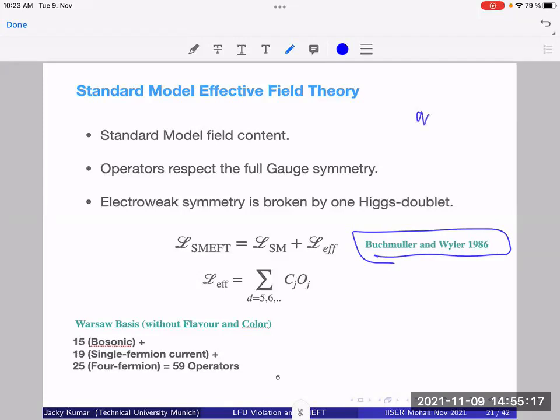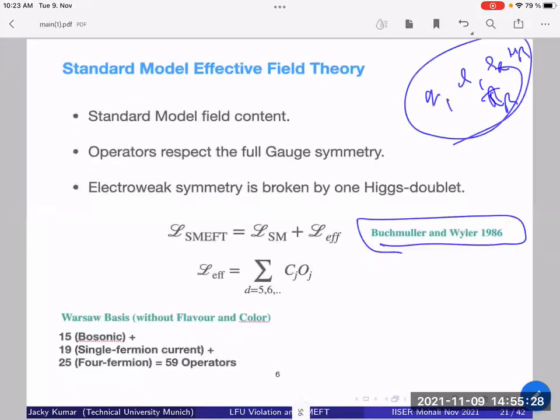You have only Q, L, e_R, mu_R, tau_R, whatever fields we have in the standard model, keep only these fields, respect the gauge symmetry, and construct all possible higher dimension operators up to dimension 6, and categorize them according to their dimension.